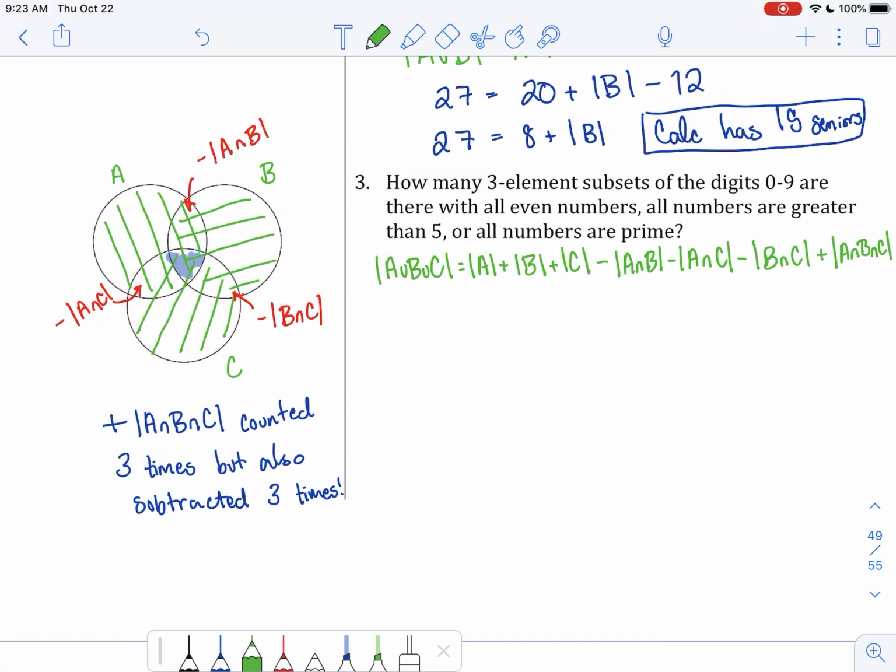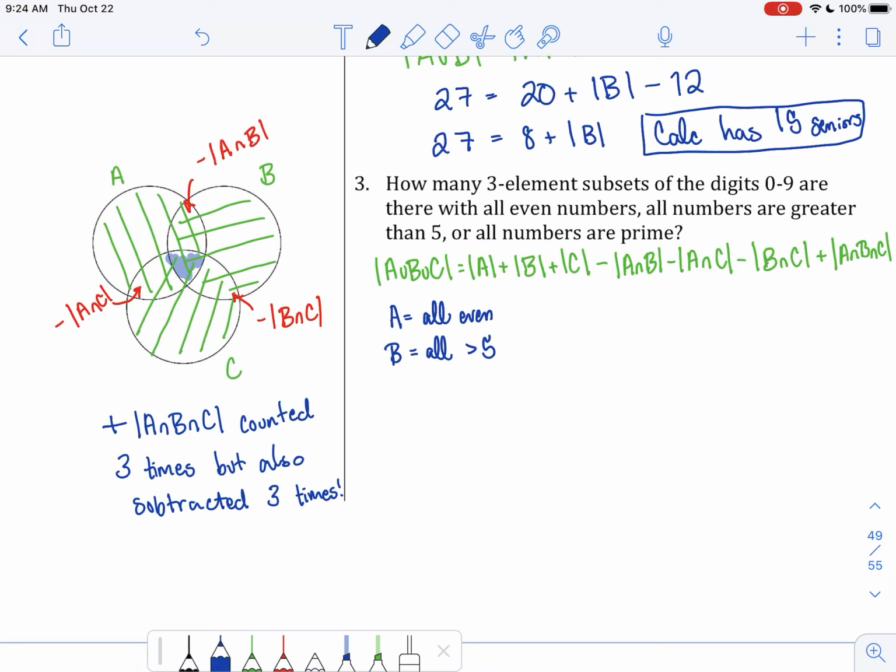How many 3-element subsets of the digits 0 to 9 are there where they are all even numbers? So that's going to be our A. This is all even. B is all numbers that are greater than 5. And C is all prime.